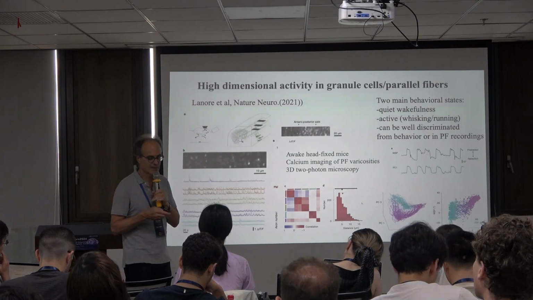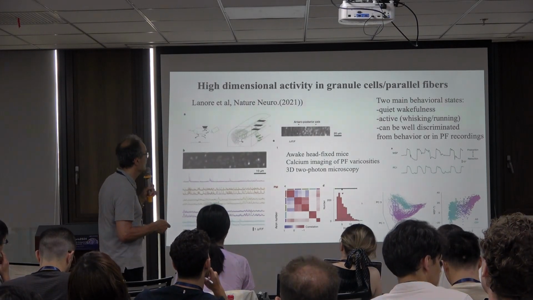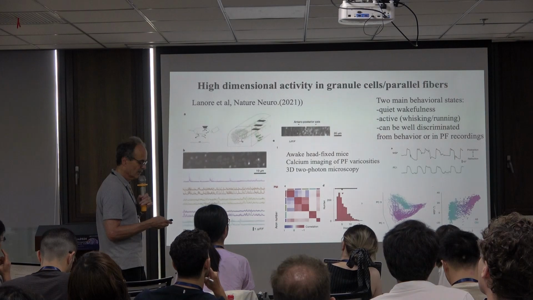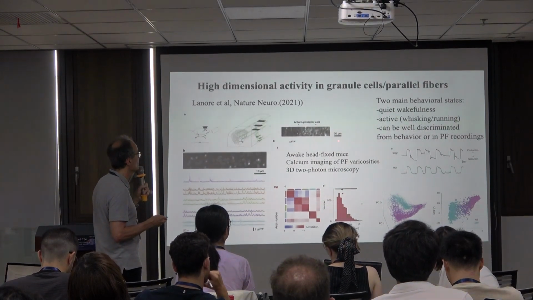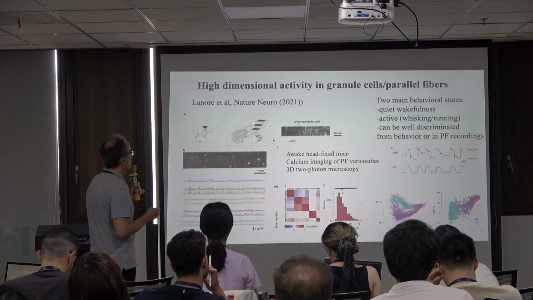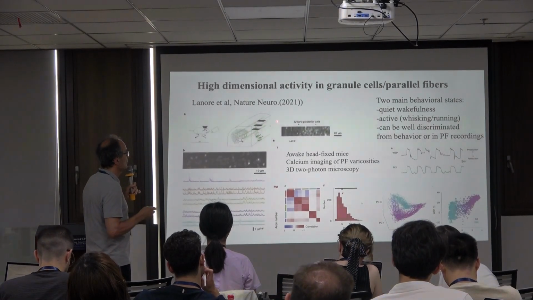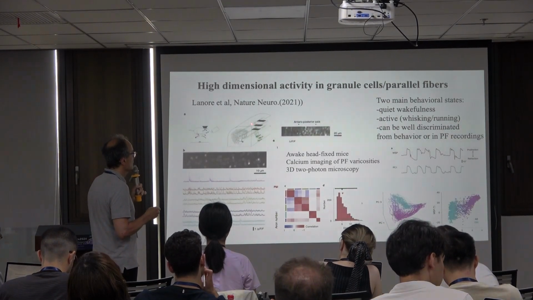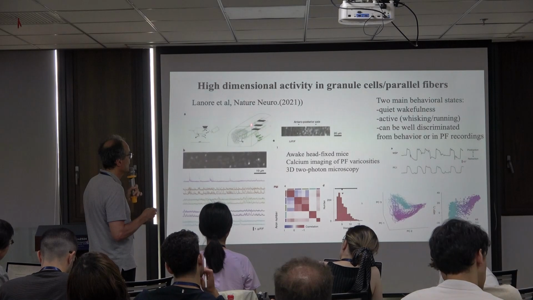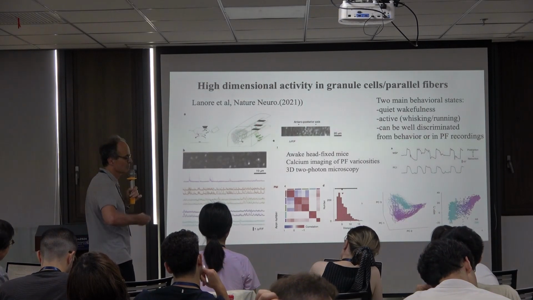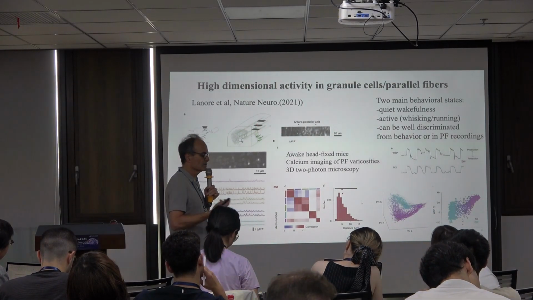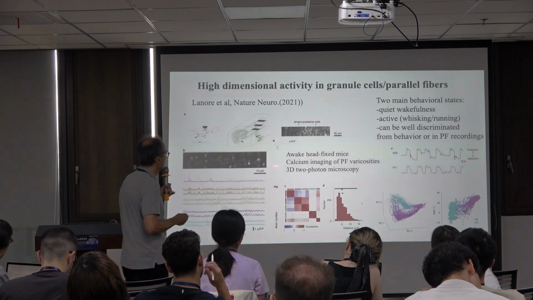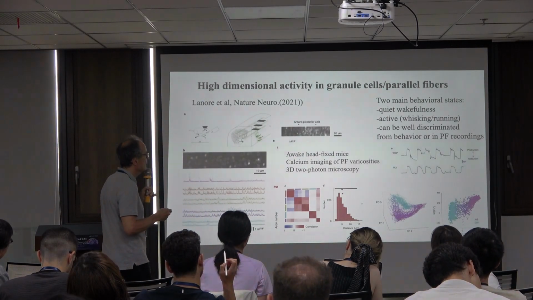Okay, so this has been a bit controversial. People have tried to measure the dimension of activity in, say, parallel fibers, which basically is the activity of this granule cell layer.